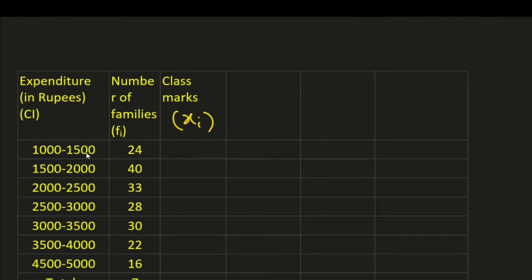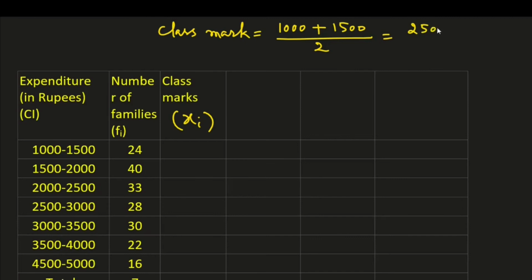For this class interval, class mark is equal to lower boundary plus upper boundary by 2. This is 2500 by 2, that is 1250.